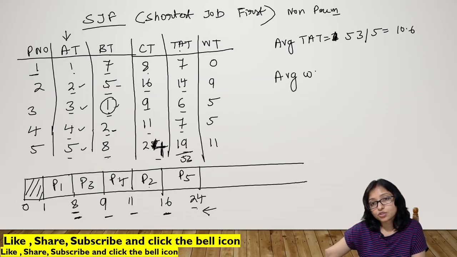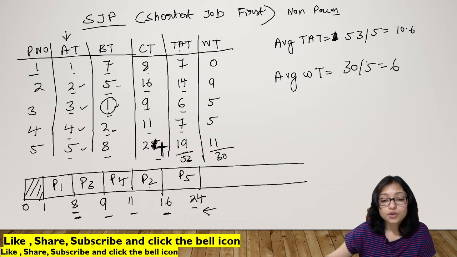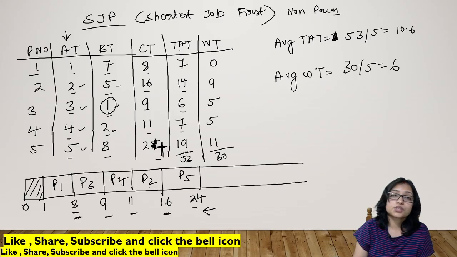And for the average waiting time, the total waiting time will be 30. So 30 divided by 5 will be 6. That is the answer for SJF, shortest job first. So this is clear, and now you will not make any mistake in shortest job first, right?